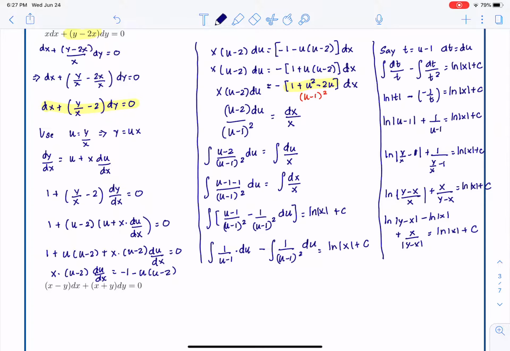I missed a negative sign here. Apologies. That minus is right over there. So minus. The ln on the left hand side and the right hand side will get cancelled.